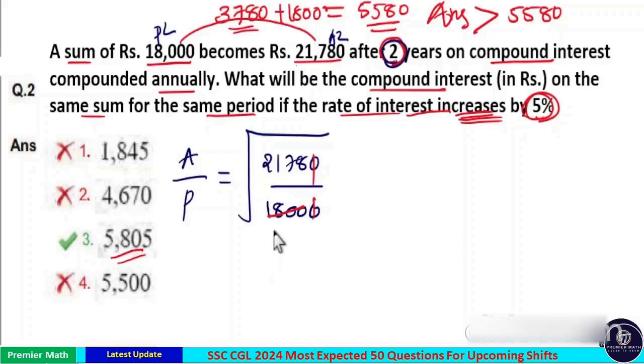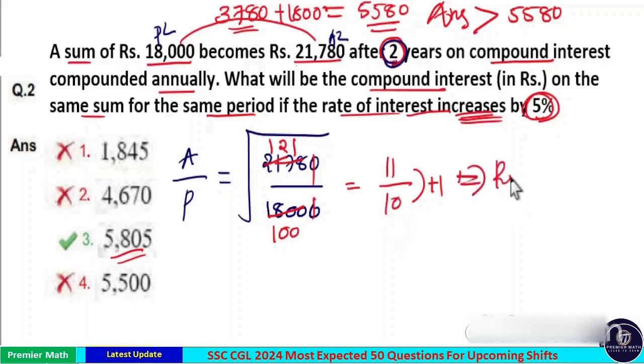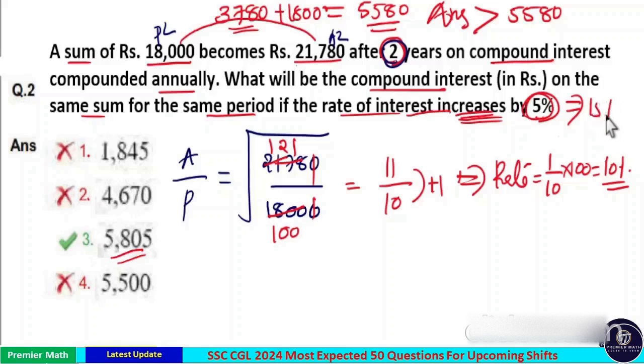If I divide with 18, 18 goes 100 times in 1800, 18 goes 1 time in 21, remaining 3, 18 goes 2 times in 37, remaining 1, 18 goes 1 time in 18. So this is root of 121 by 100, which means 11 by 10. Now you can see difference is 1. This 1 part interest generated is from this 10 part principal. So rate is equal to 1 part interest out of 10 part principal into 100, that is 10% is the rate. Old rate is 10%, which means new rate is equal to 10 plus 5, 15%.